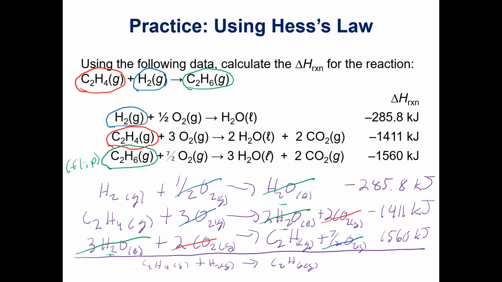So put into your calculator negative 285.8 plus negative 1,411 plus 1,560. And you should come up with negative 136.8 kilojoules for your value of delta H.